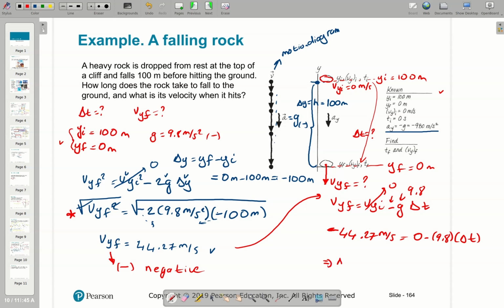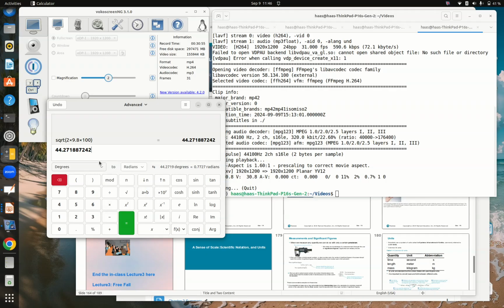Solving for delta t, I'll divide each side by minus 9.8 simply. They should also be the same unit, but let's drop the units there. So delta t then, going back to my calculator, should be this number divided by 9.8.